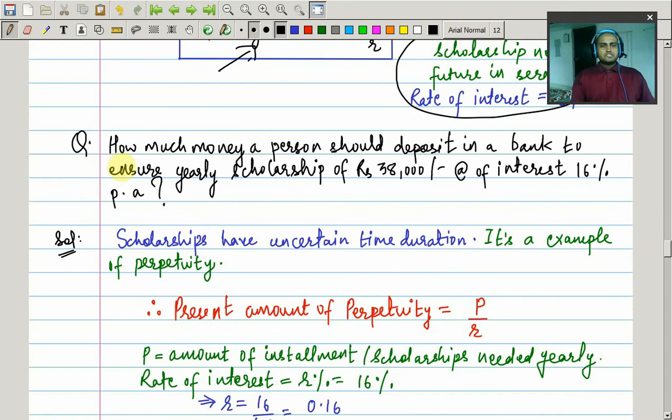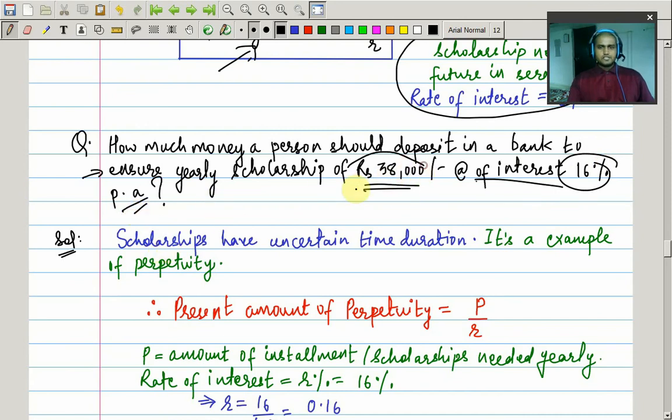So here's the question to understand the concept of perpetuity. How much money a person should deposit in a bank to ensure yearly scholarship of rupees 38,000 at the rate of interest 16% per annum.